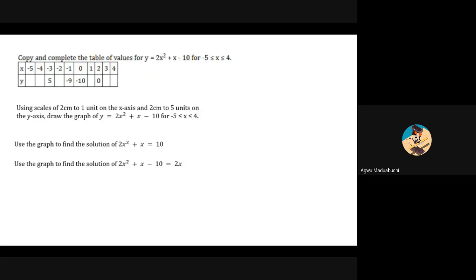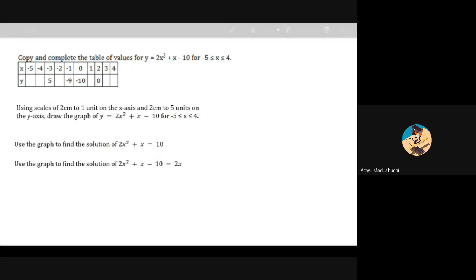Then this now says use the graph to find the solution of this. So like I said, anytime you are given an equation, try to write it in terms of the main one. If you write this in terms of the main one, it's just to take 10 to the other side, and then you have 2x squared plus x minus 10 is equal to 0.